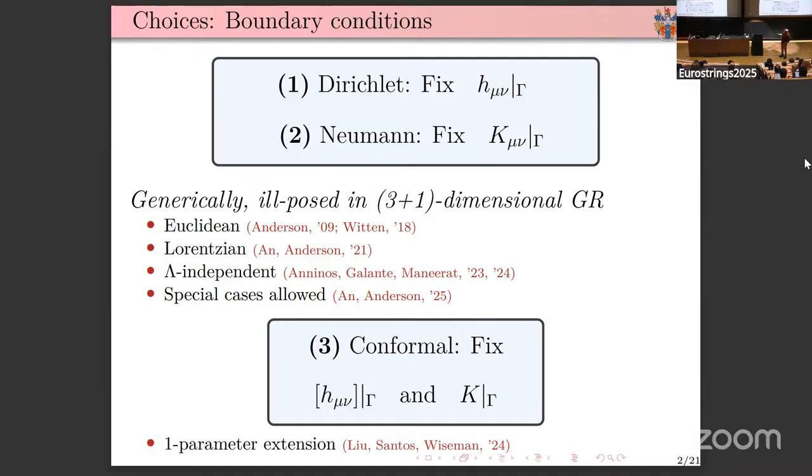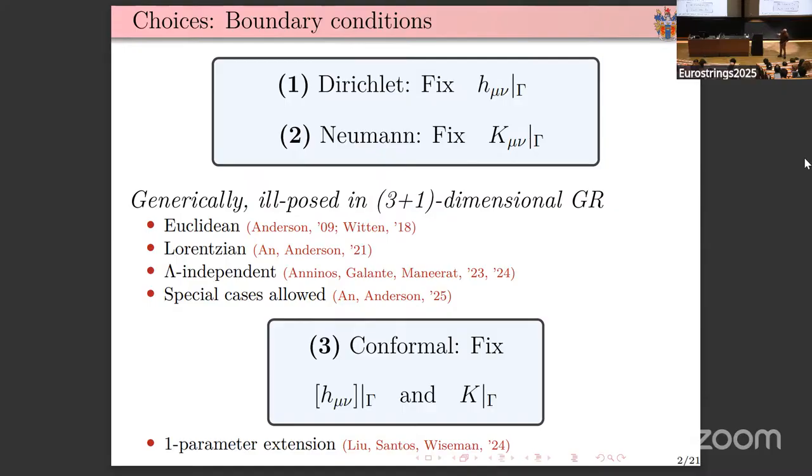In the Lorentzian context, this was shown just a few years ago by An and Anderson. It turns out that it doesn't matter what cosmological constant you have in your background. So adding lambda doesn't ameliorate these issues of well-posedness. I should also say, though, that there are special cases where Dirichlet boundary conditions can be well-posed, but you have to add in additional conditions, which I'll explain later what those are.